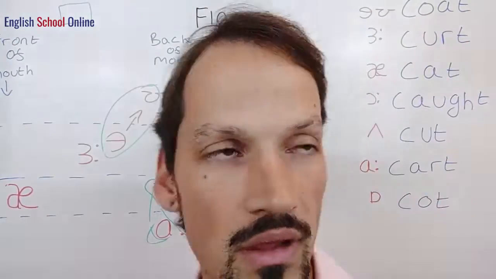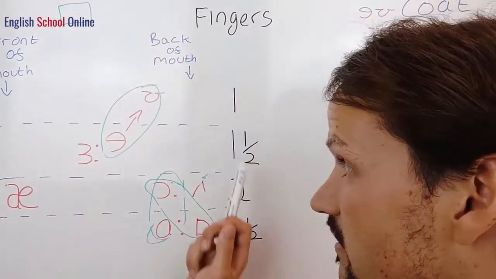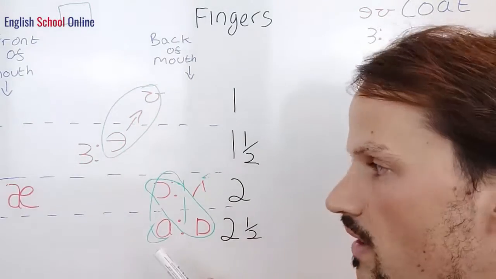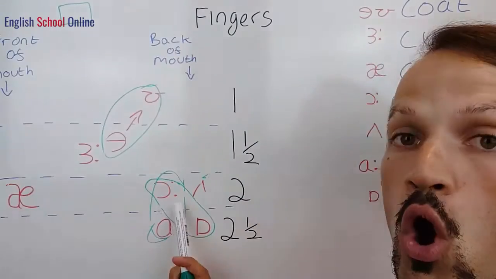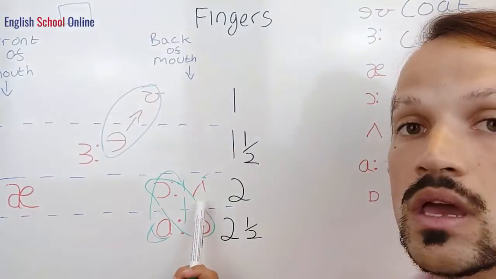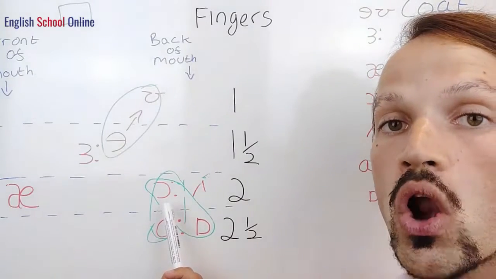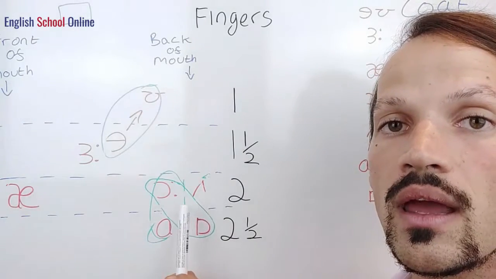So the words behind me are now going to show you in context with the diagram here what we're talking about. We've got caught, cut. Again, caught, cut.